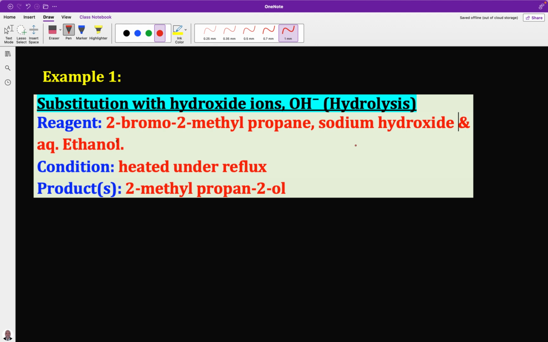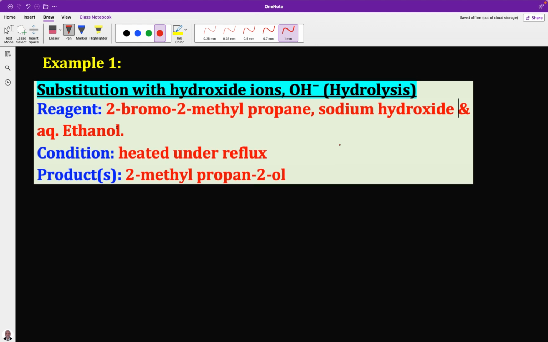The hydroxide will substitute the bromine. The mixture is heated under reflux, and the hydroxide ion substitutes the bromine, forming a new product, 2-methylpropan-2-ol.